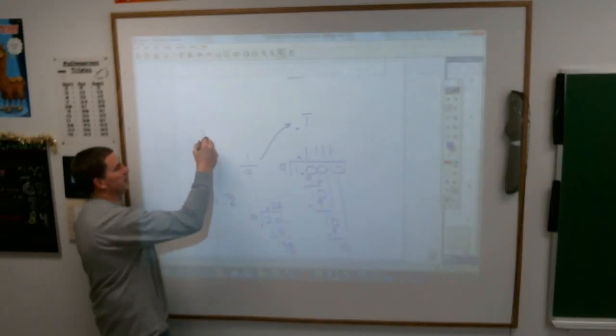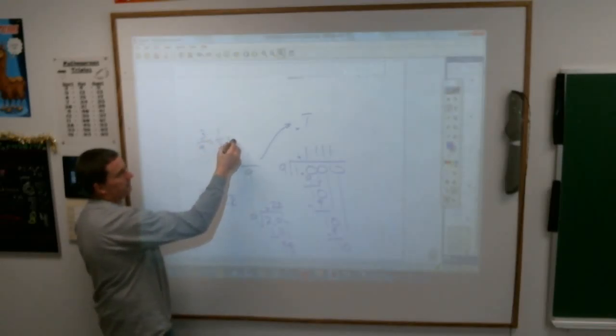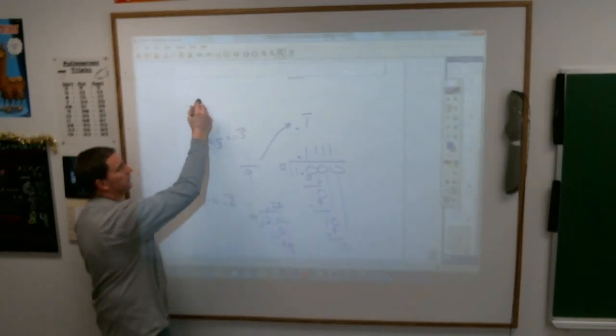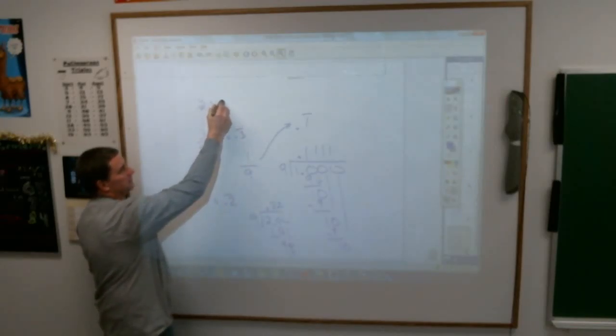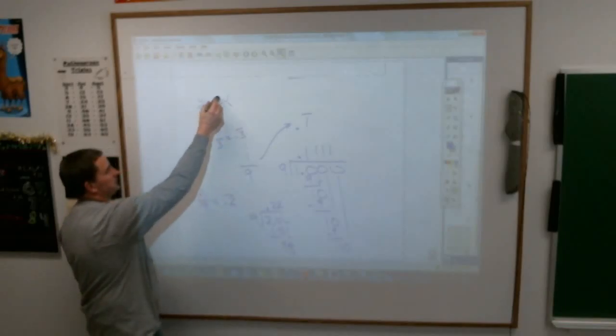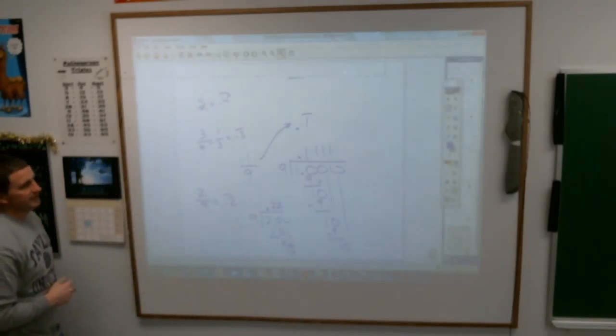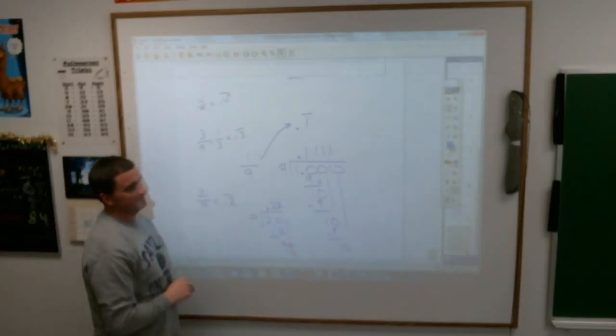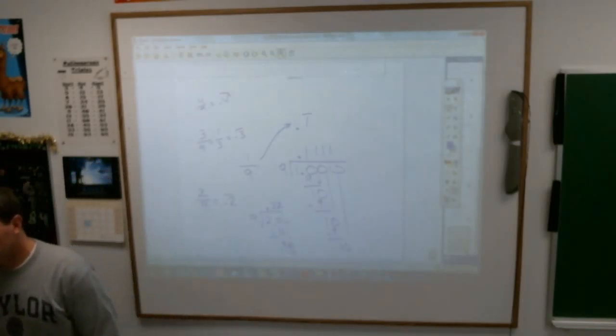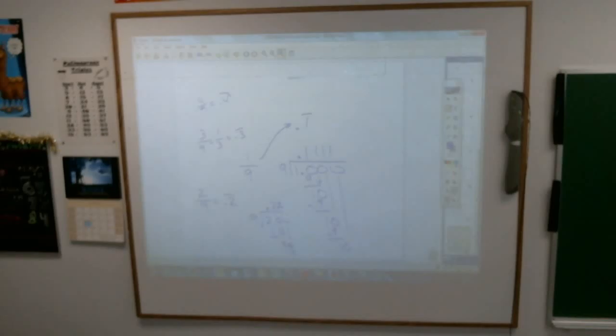Guess what 3/9 is, which is the same as a third? 0.3 repeating. Guess what 4/9 is? 0.4 repeating. 9/9? 1. 8/9? 0.8 repeating.